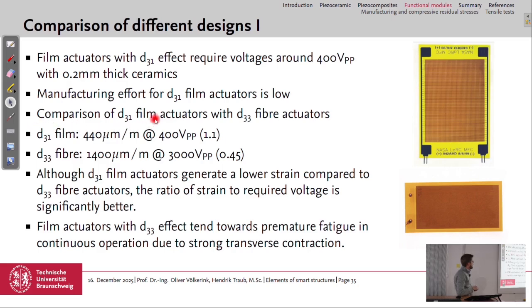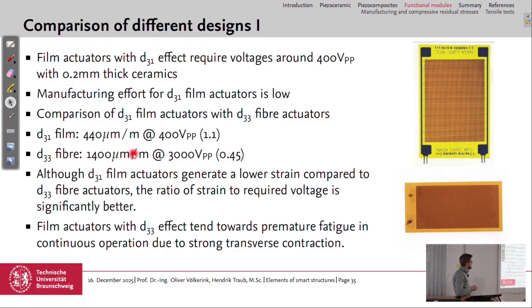If we compare D31 film actuators to the fiber actuators with round or rectangular fibers, we see that with the D31 effect, we get less displacement or elongation, only 440 micrometers at 400 volts peak to peak. And for the D33 fibers, we get 1,400 micrometers, so 1.4 millimeters, but we need 3 kilovolts peak to peak.